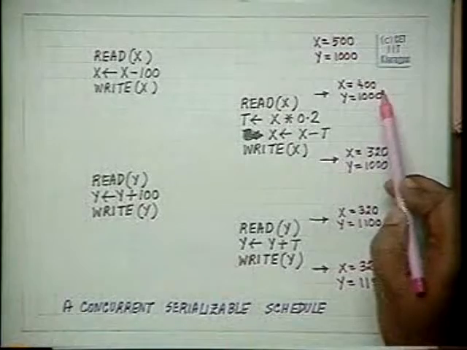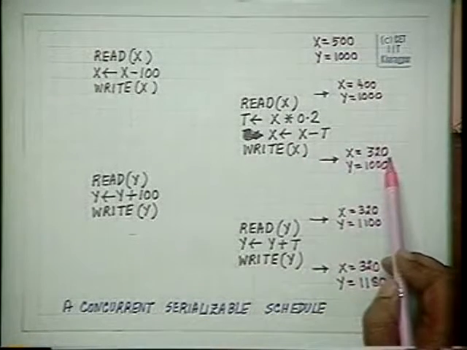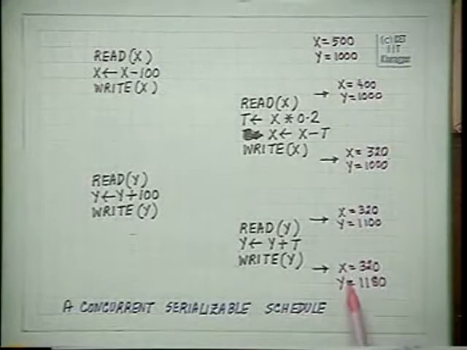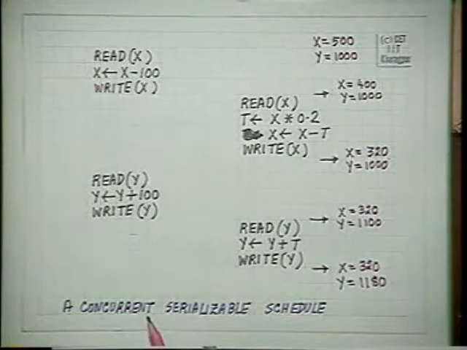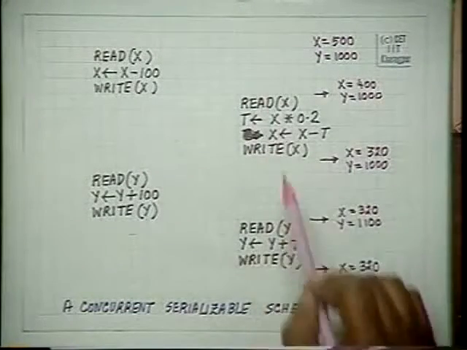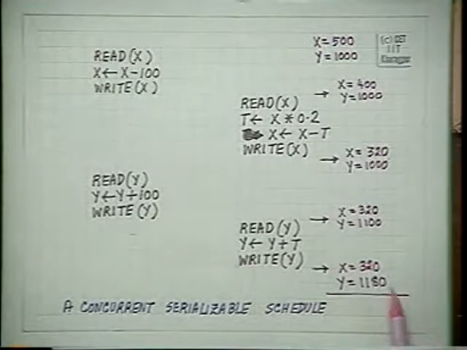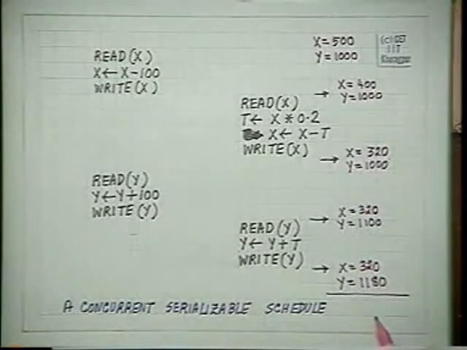Here 100 is deducted from x, here 80 is deducted from x, here 100 is added onto y, and here 80 is added onto y. So after this concurrent execution of these two transactions, we still have x plus y equal to the original value, that is 1500.